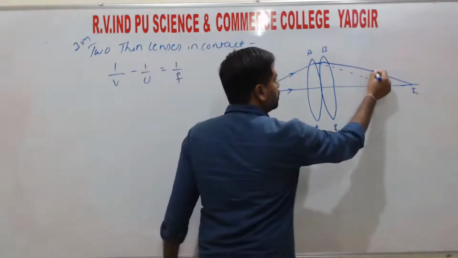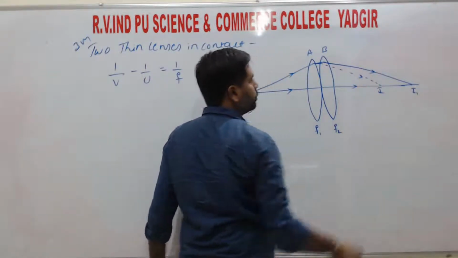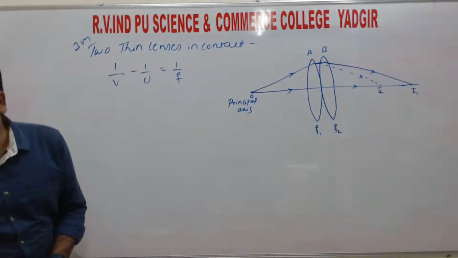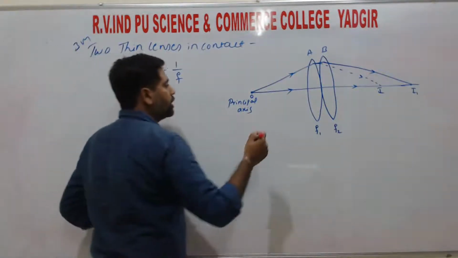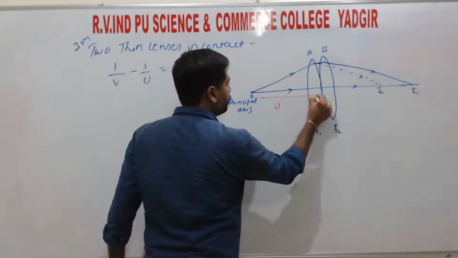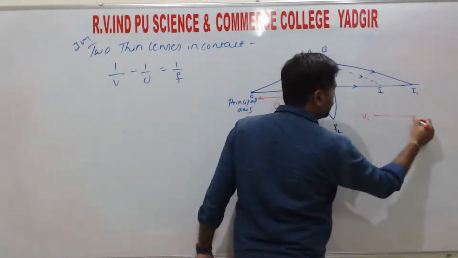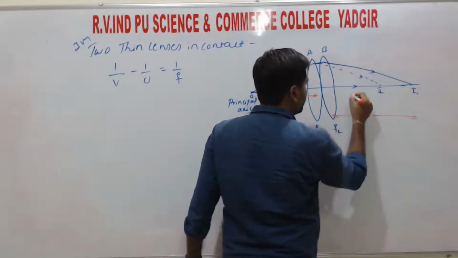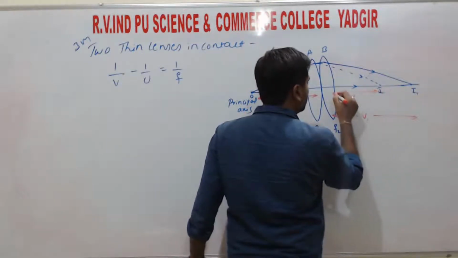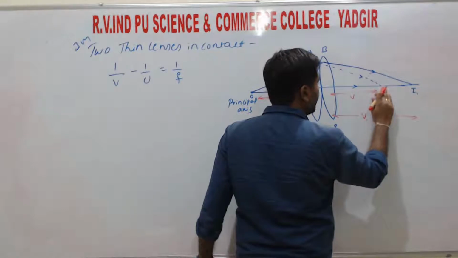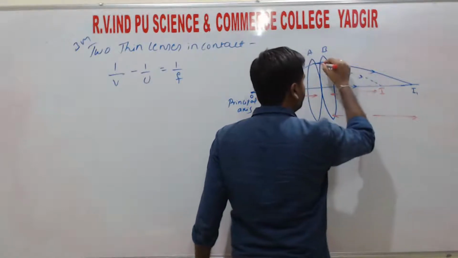The object distance is always taken as u. So here we have v1 and here v, and this is the actual image formed, I.